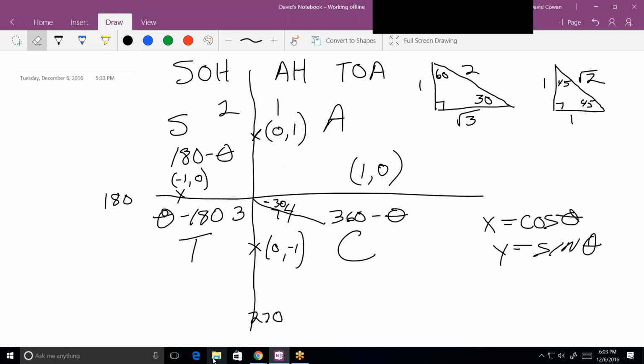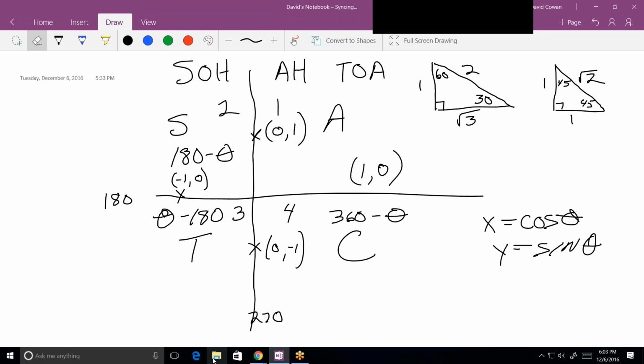Now, as long as we're talking about negative angles, I want to erase some of this stuff, but I want to leave everything that's on here, I want you to memorize. If you do, you will be able to answer all of these things. I've got the all students take calculus. I got quadrants 1, 2, 3, 4.